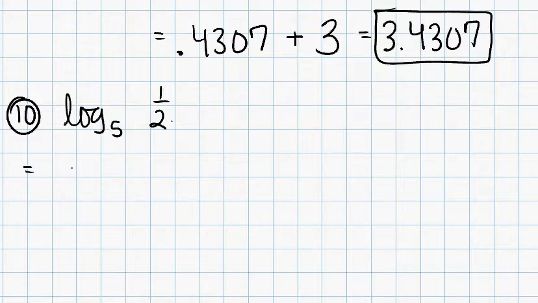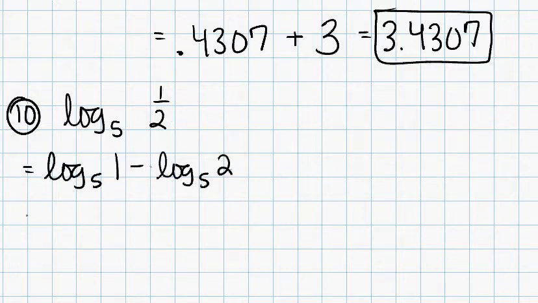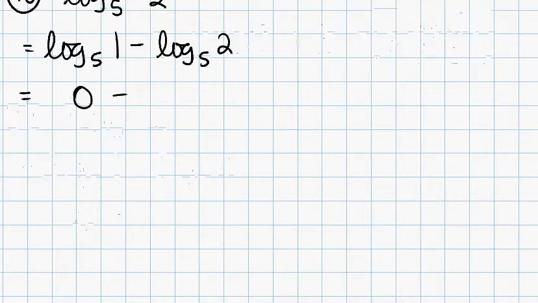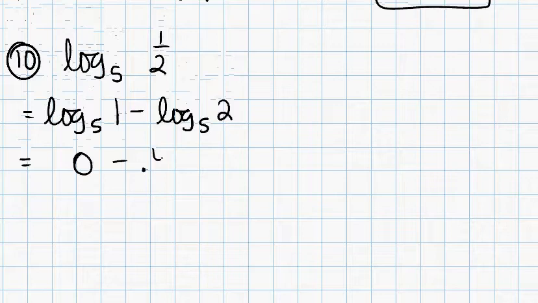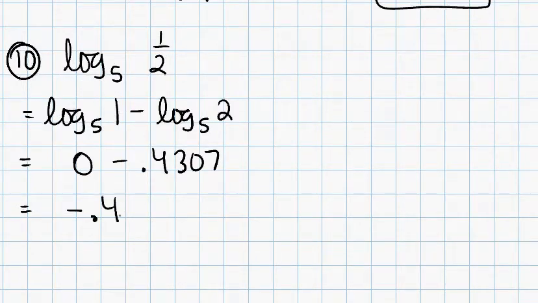You could change it into log base 5 of 1 minus log base 5 of 2. Log base 5 of 1 is 0, because the log of 1 is always 0. And log base 5 of 2 is 0.4307, negative 0.4307.